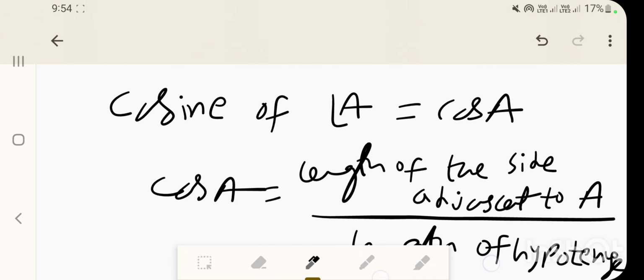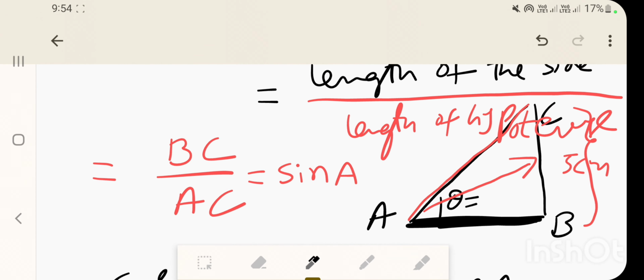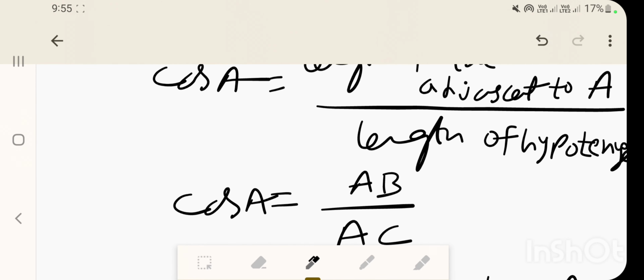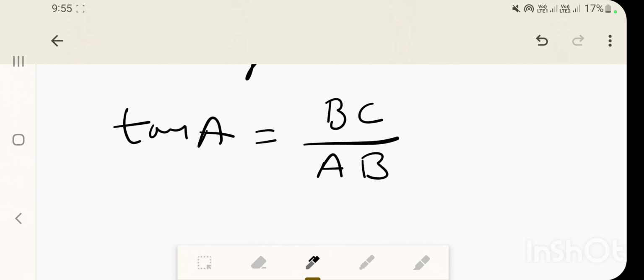So BC divided by AB. BC is the side opposite to the angle A, and AB is the side adjacent to A. This is defined as tan A. So you have to remember the sin A, cos A, tan A ratios.